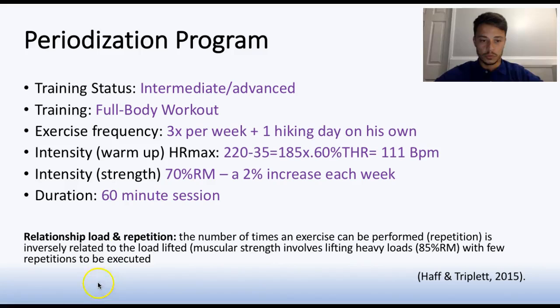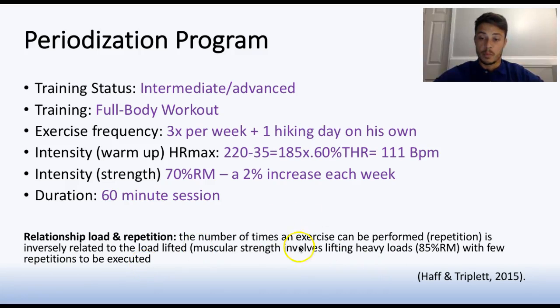I like to use this relationship between load and repetition: the number of times an exercise can be performed is inversely related to the load lifted, with few repetitions to be executed.